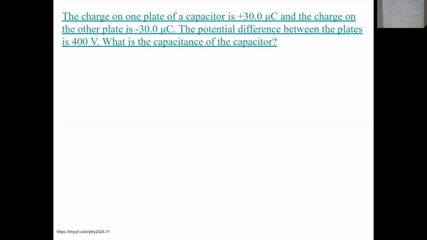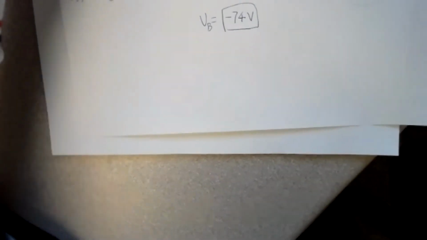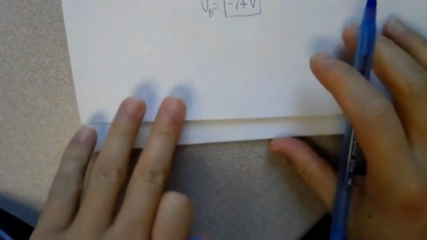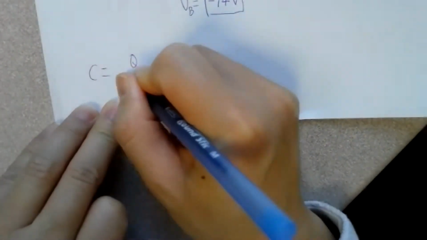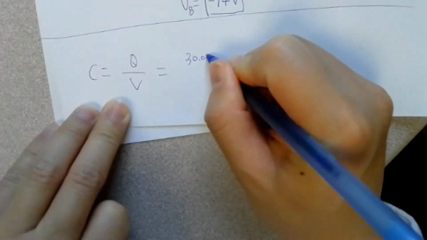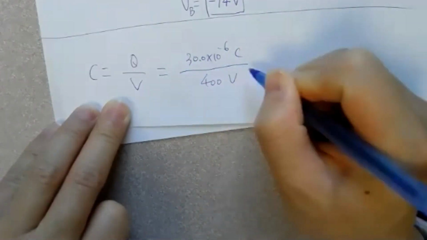So I think we can take a look at this one together rather than doing them by yourself individually. It should be straightforward. In this case, C is just equal to Q over V. Q here is 30.0 times 10 to the minus 6 coulombs, V is 400 volts.